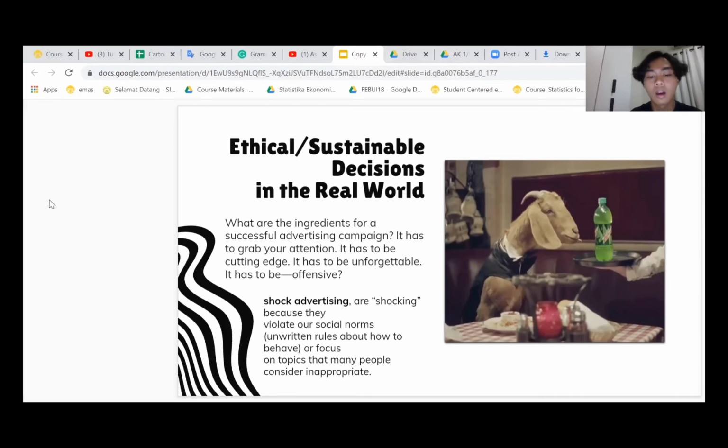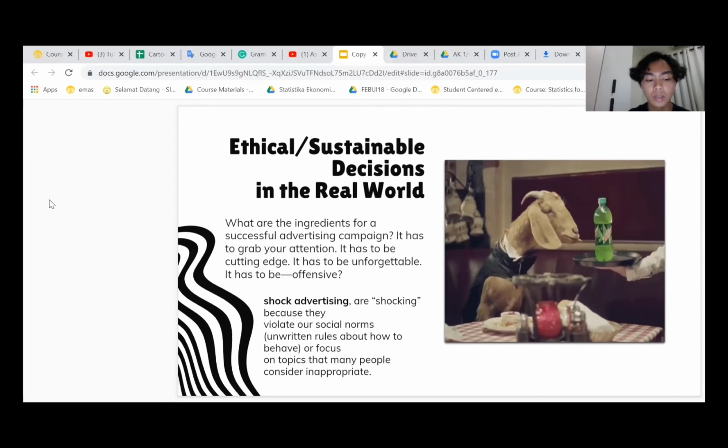Well, one example is a 3-part online ad for Mountain Dew, an irate goat, with voiceover by the rapper Tyler the Creator, who picks up a waitress after she cuts the goat off from his favorite soda. Well, the ad was pulled after being accused of being possibly the most racist commercial in history.